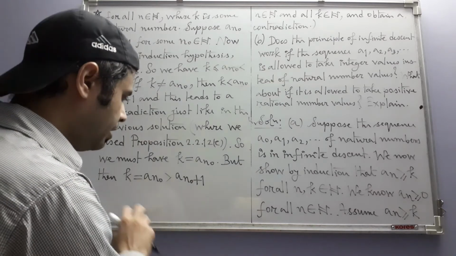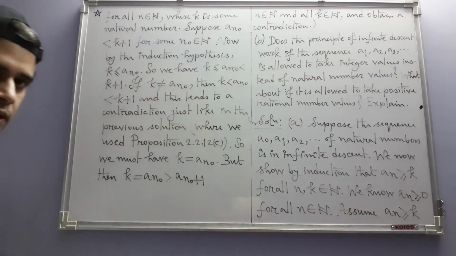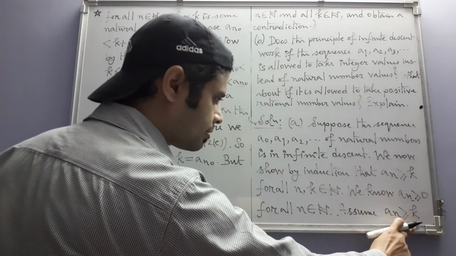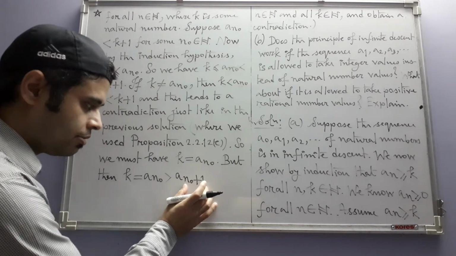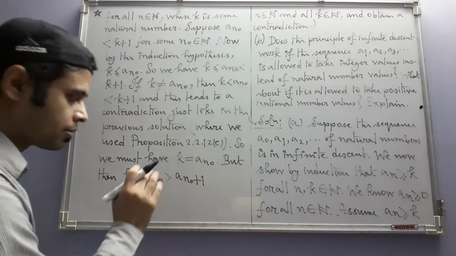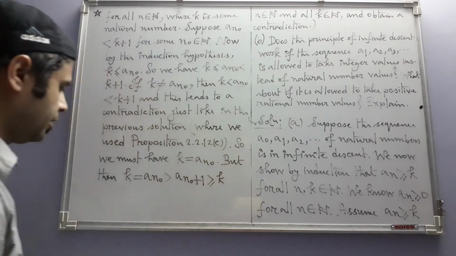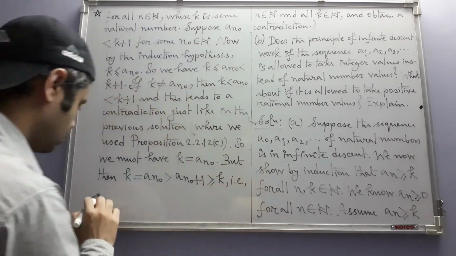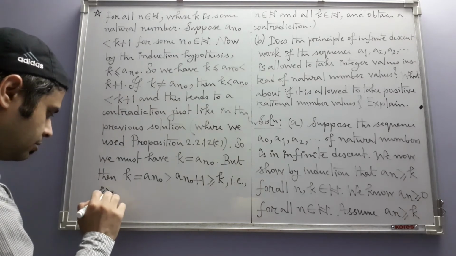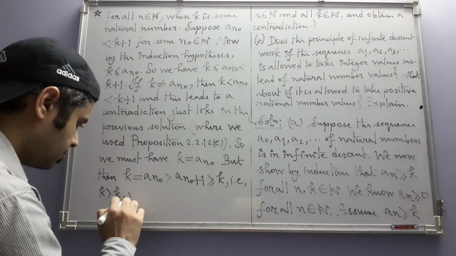But again the induction hypothesis is already there. a_n is greater than or equal to k for every n. In particular for this value of n0 plus 1, also this will be greater than or equal to k. That is, k is strictly greater than k, which is not possible.